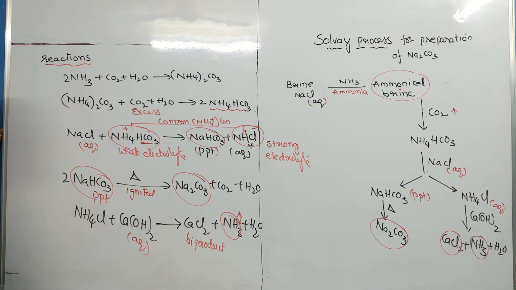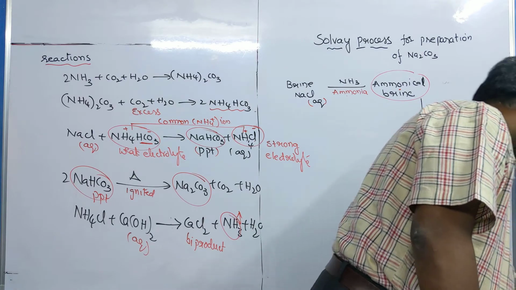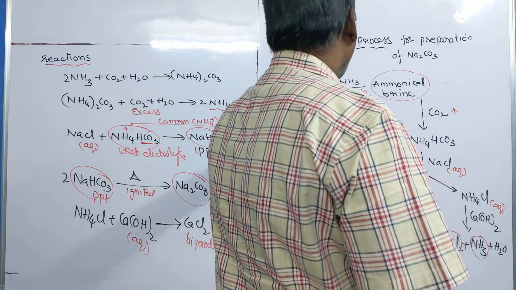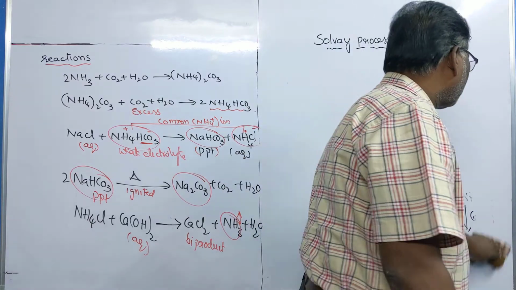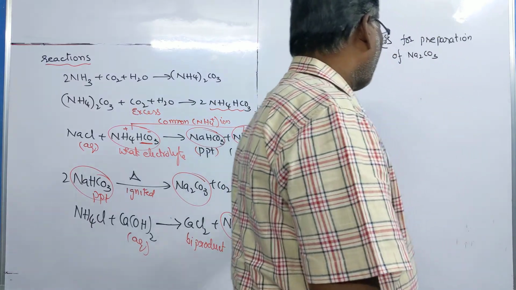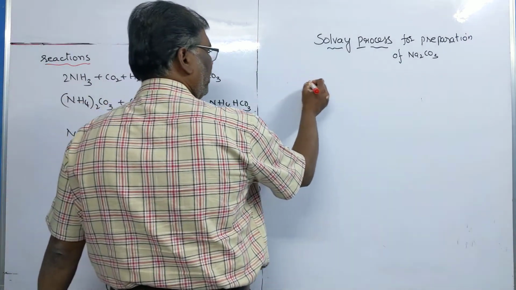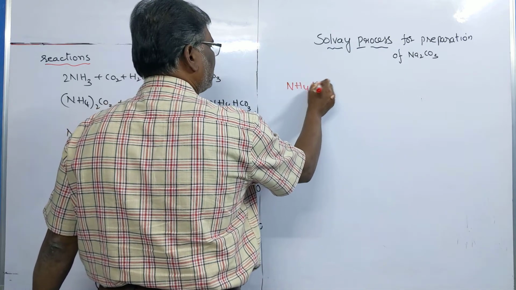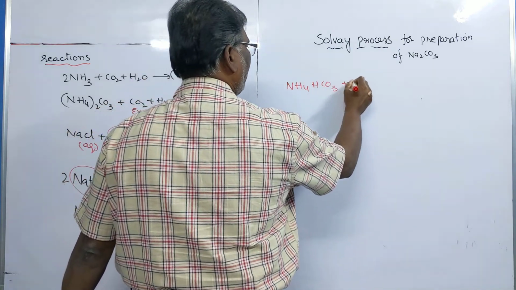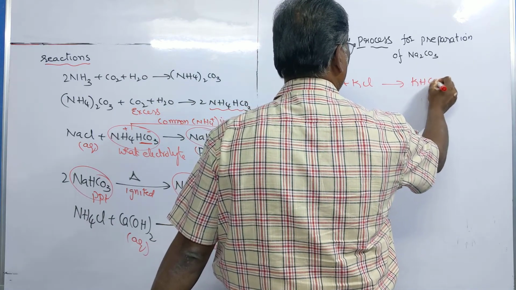Now here an important point is that potassium carbonate cannot be prepared in this method, in the Solvay process, because when ammonium hydrogen carbonate is treated with KCl, we may have KHCO3.